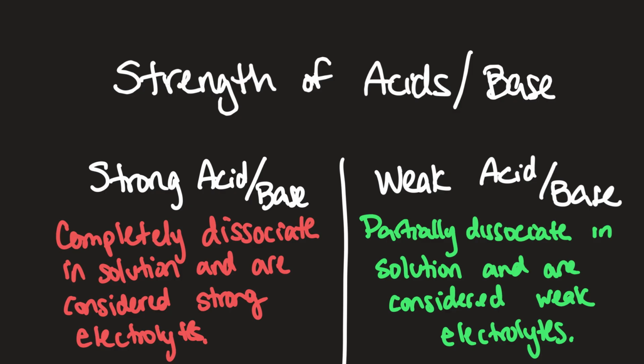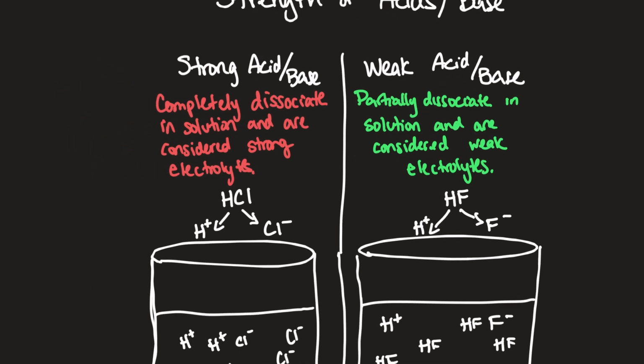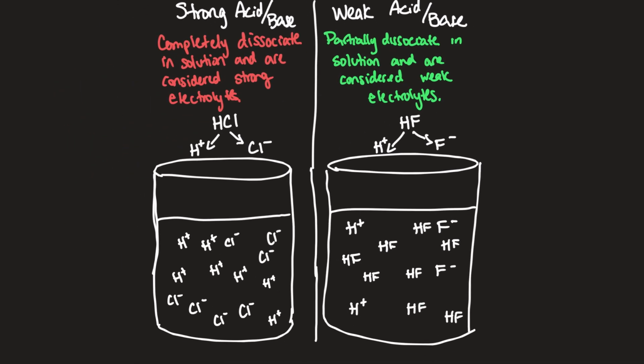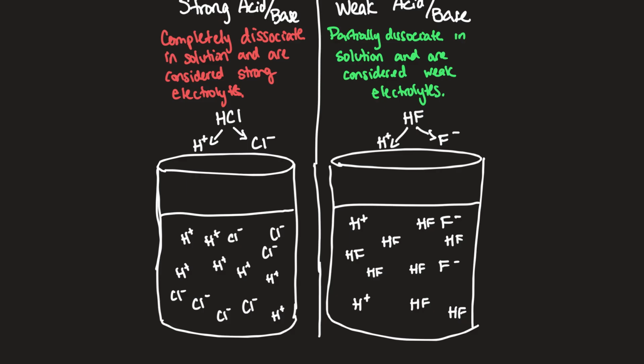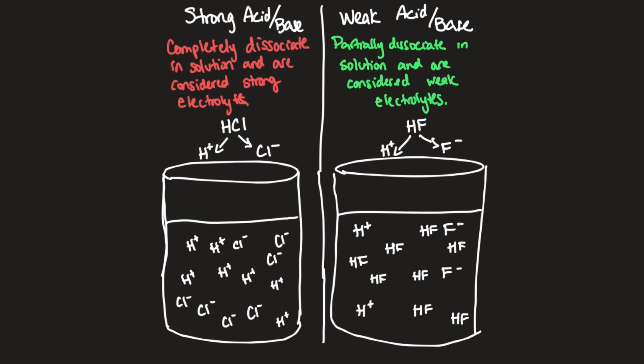Okay, so let's talk about how we can model this and what we mean by dissociating. What does it mean for a strong acid or strong base to dissociate completely, or 100%, and for weak acids to partially dissociate? What I have here are two models showing the difference between a strong acid and a weak acid.